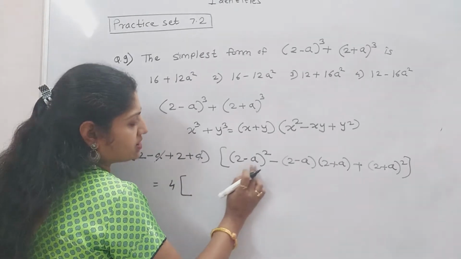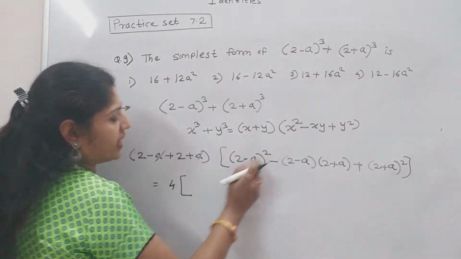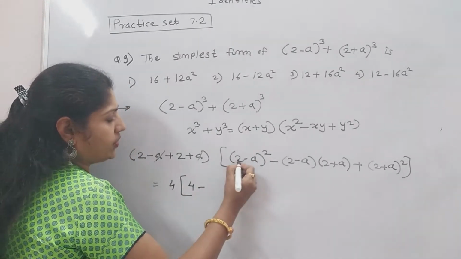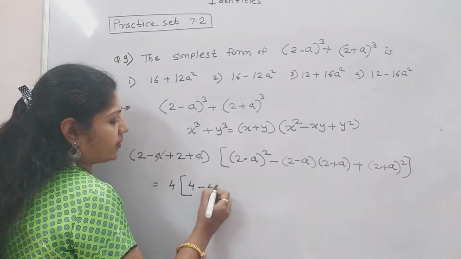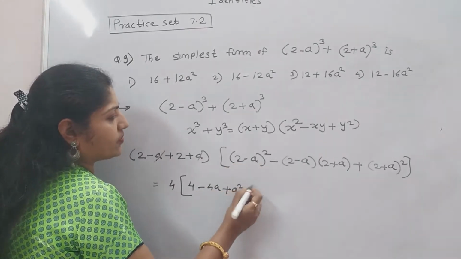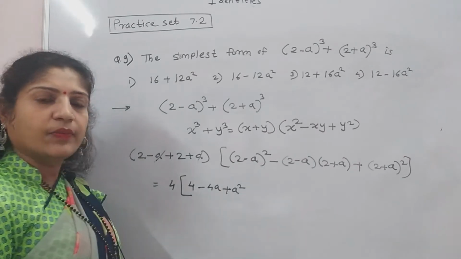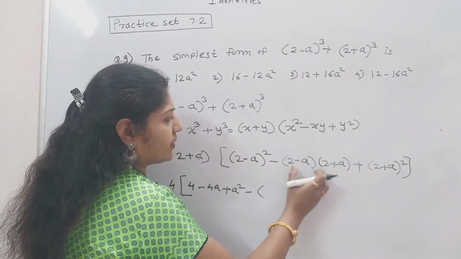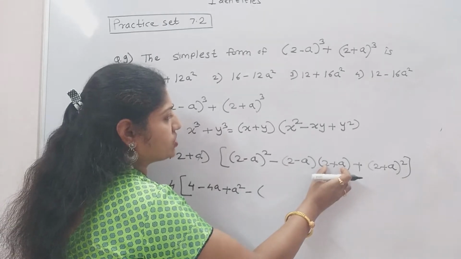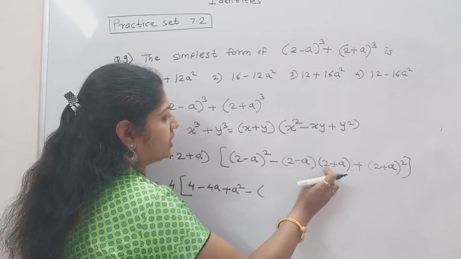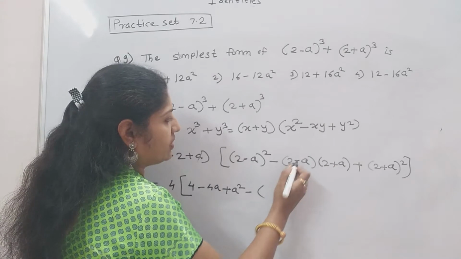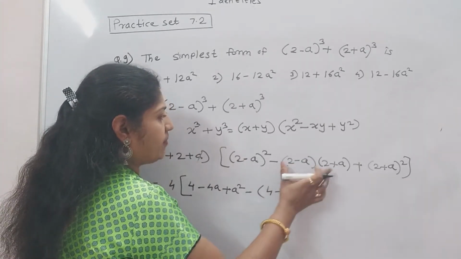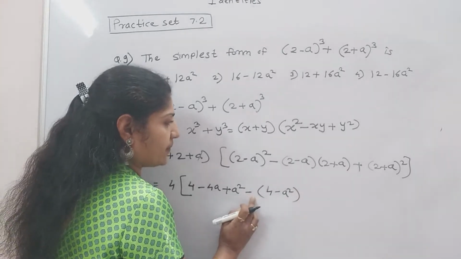Now solve this (a minus b) bracket square: 2 square 4 minus 2 into a, 4a plus a square, by using the formula. Also here, one bracket is positive, second is negative, (a plus b)(a minus b), 2 square 4 minus a square, and behind this there is the negative sign.